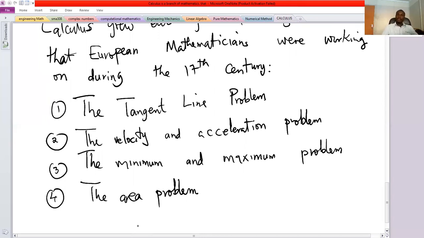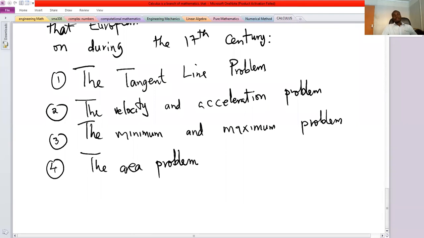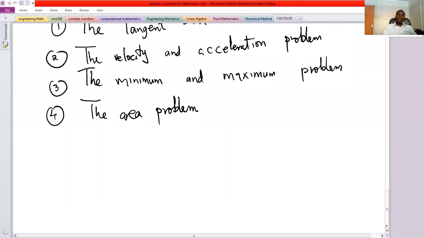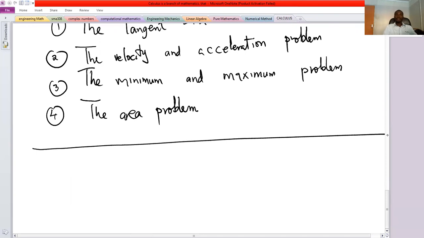Though Isaac Newton and Leibniz were the inventors of the subject, other mathematicians also helped in providing solutions to these four main problems.